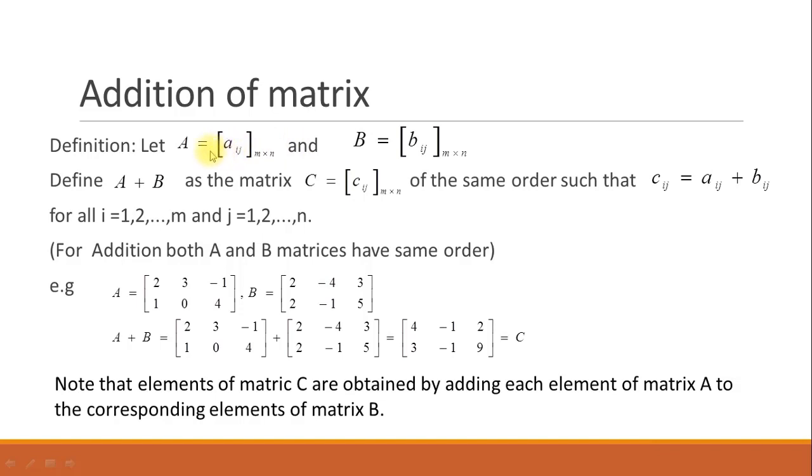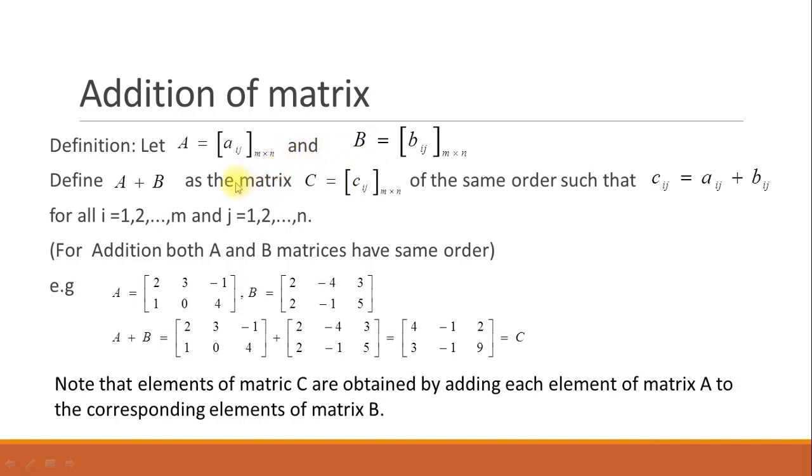For example, here are two matrices, matrix A and matrix B. The order of matrix A is m by n and the order of matrix B is also m by n. Aij is the element of matrix A, Bij is the element of matrix B. So for the addition of two matrices, the order of the matrices will be the same.